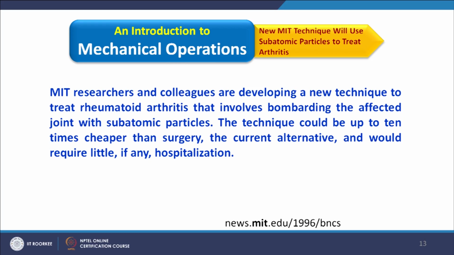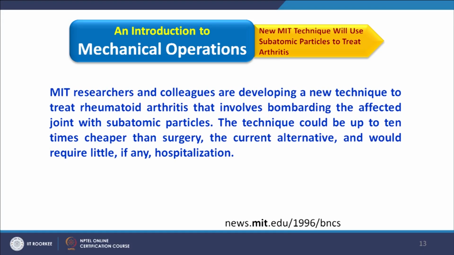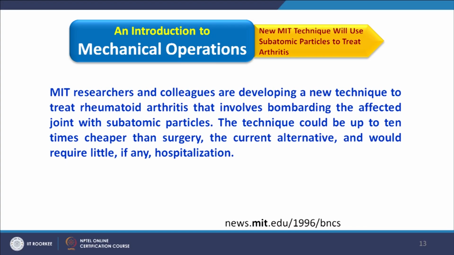The technique could be up to 10 times cheaper than surgery, which is the substitute at present. Like in rheumatoid arthritis, doctors used to suggest that you should go for surgery. Now instead of surgery, using that particle technology, we can also have recovery from rheumatoid arthritis, and this technique requires very little hospitalization, if any. About this you can study in detail at this link.